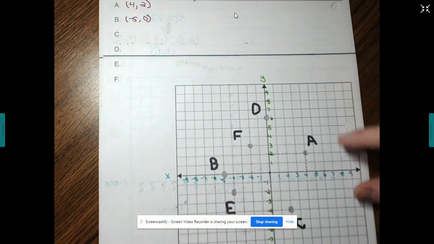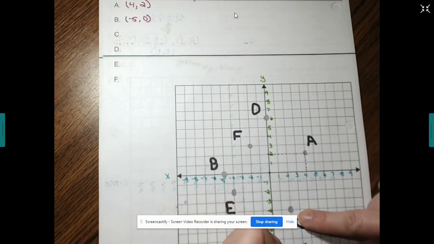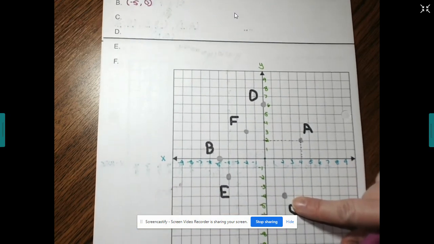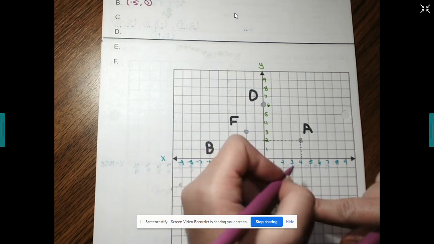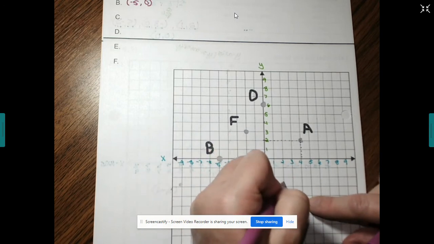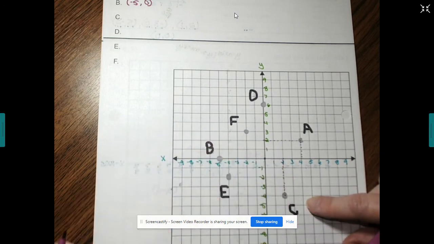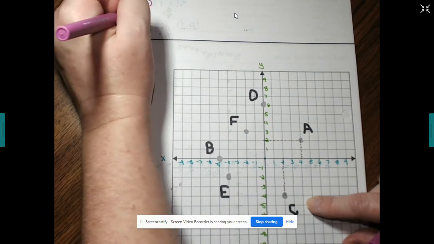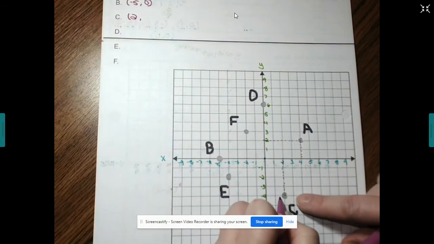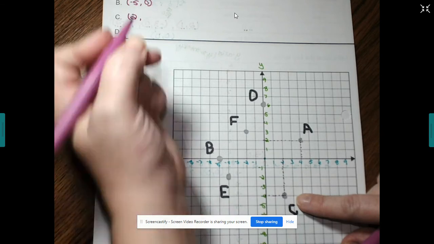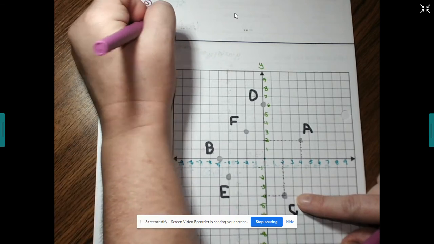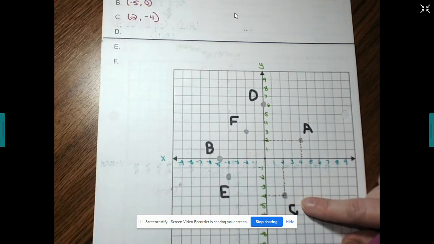Okay. C is right here. C is going to be, it crosses at our 2 for our x-axis, and it crosses at -4 for our y-axis.